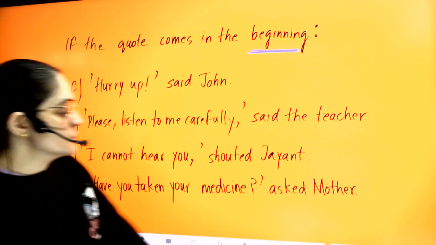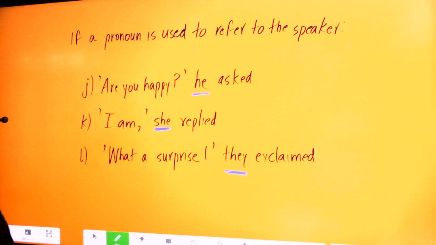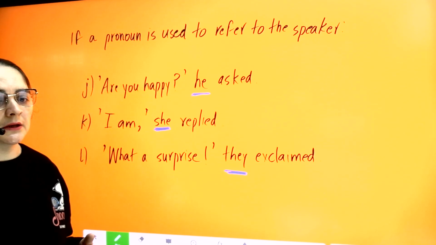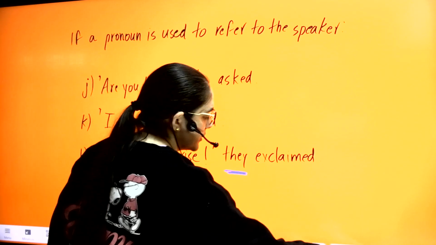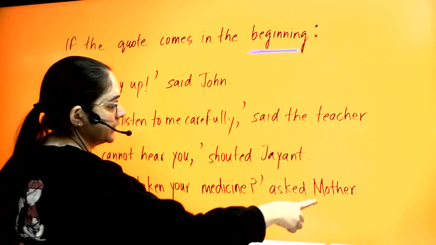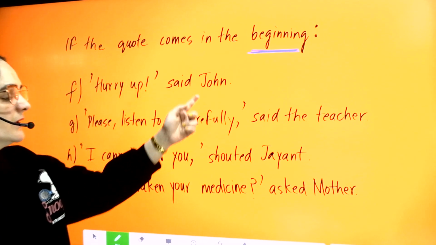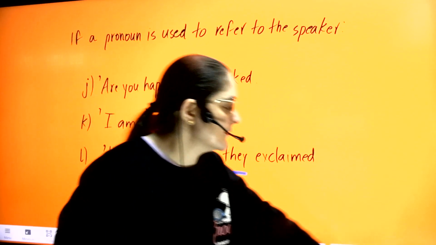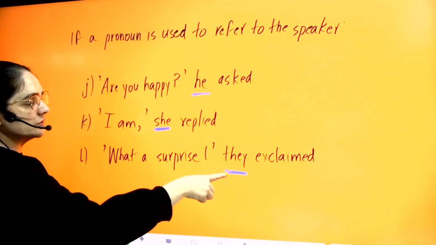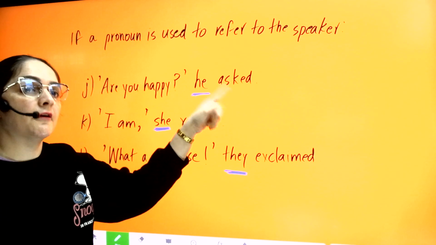There's one more rule that you should notice: if the speaker is a pronoun. Instead of writing mother, father, or teacher, whatever we used here, John, teacher, Jayant, mother, they are the speakers. If we replace them with pronouns like he, she, or they, the verb of speaking will come after the pronoun.